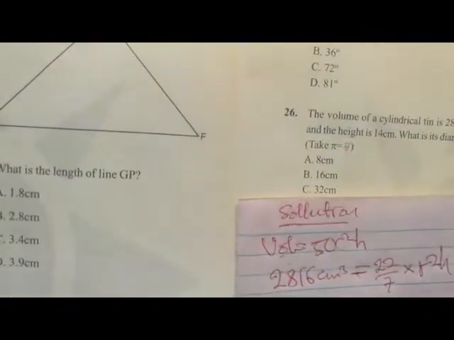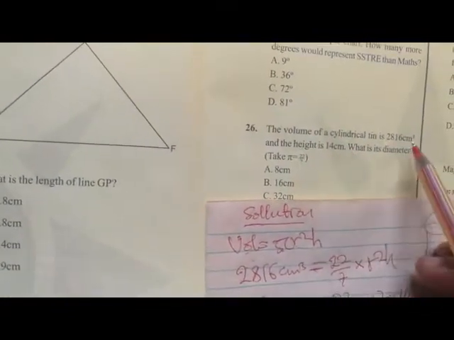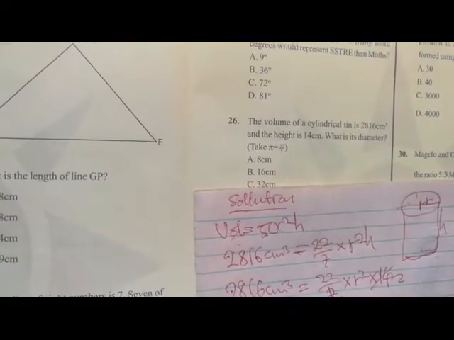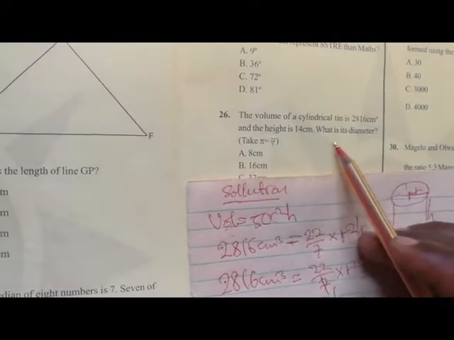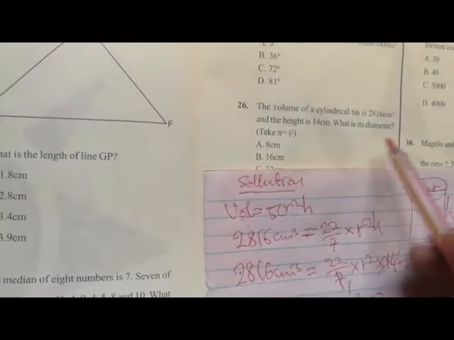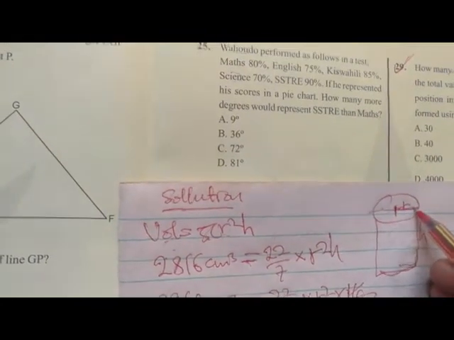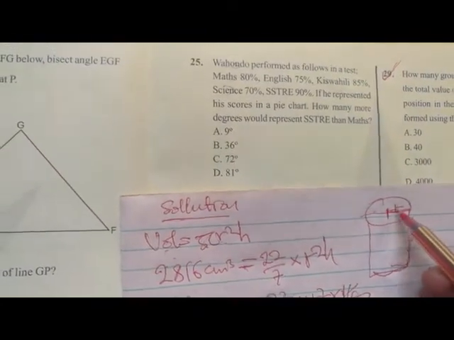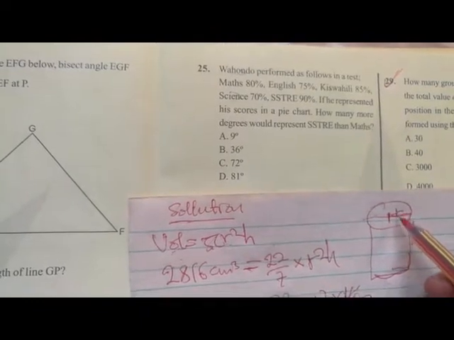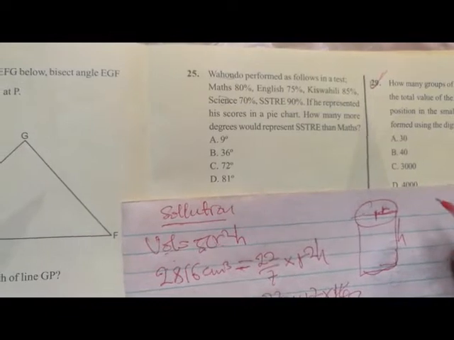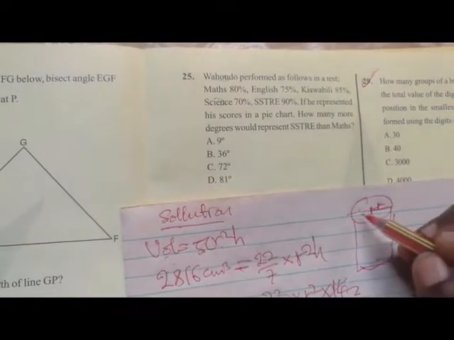From the question, the volume was given and the height was given, but the radius was not given. But what is the diameter? The question is in diameter. Remember, the diameter is always twice the r, as we have demonstrated from the diagram. If this is the r, then if you add 2r, you get the diameter.